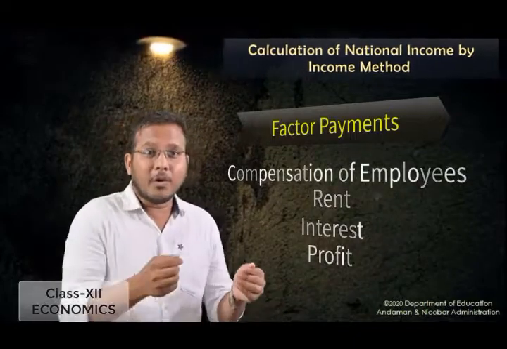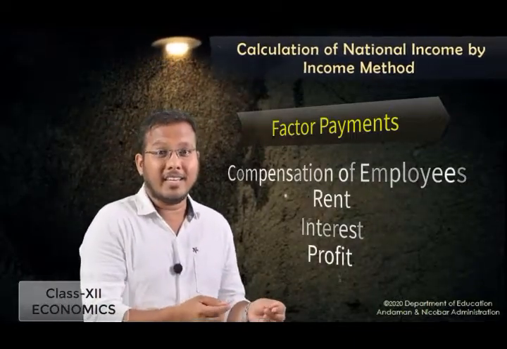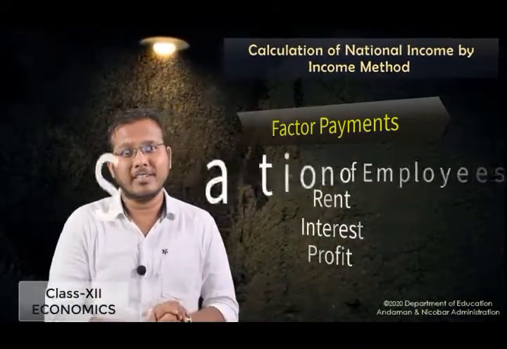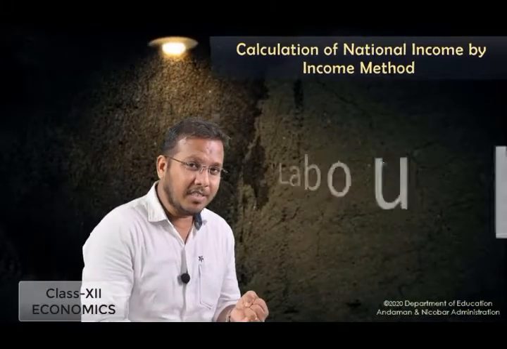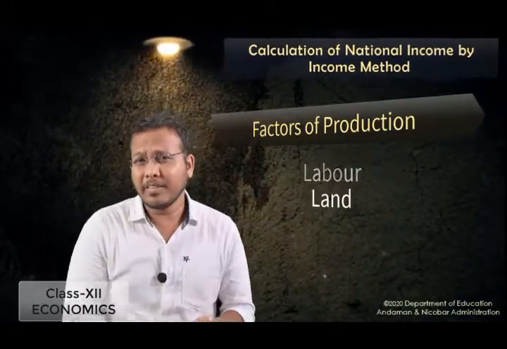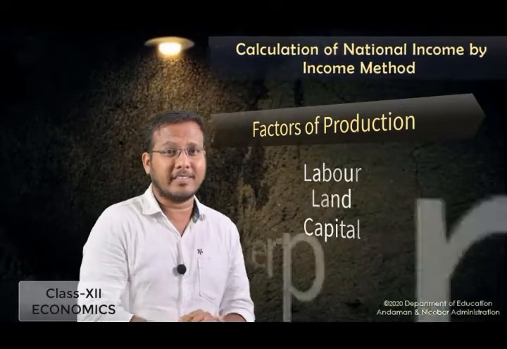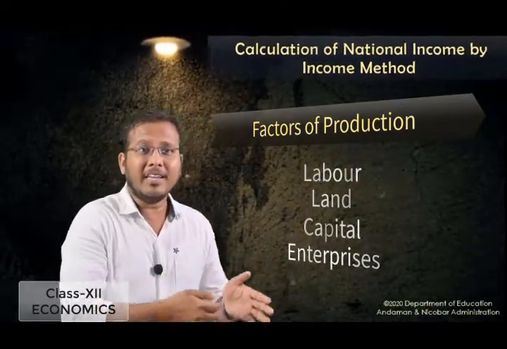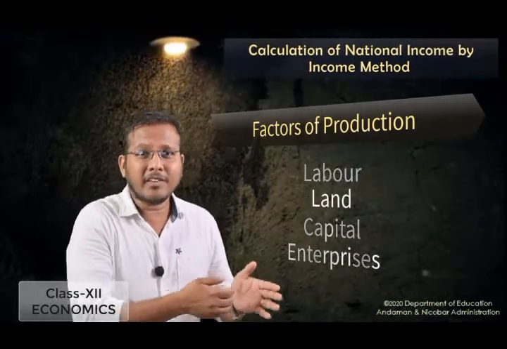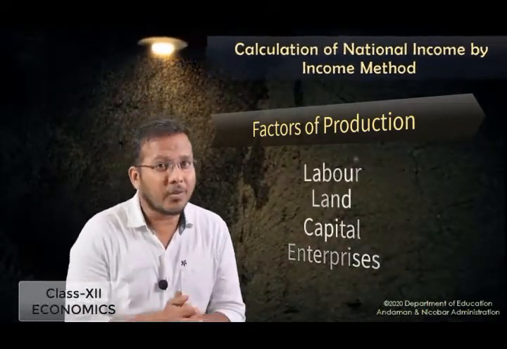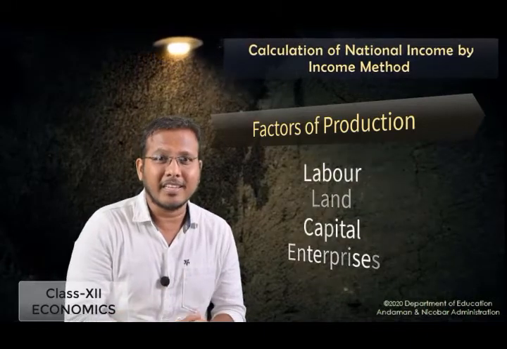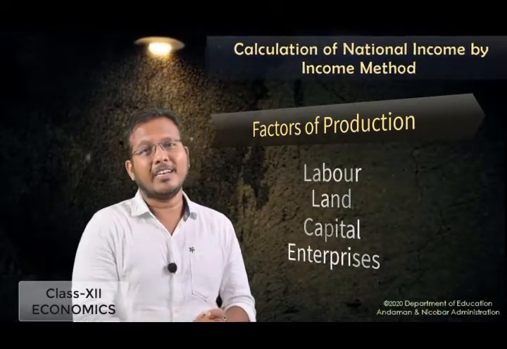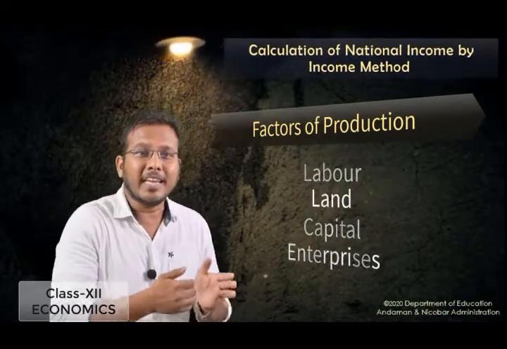We know that the owners of factors of production are the household sector. So they are the labor, the land, the capital and the enterprises. When these incomes are received by the factors of production during an accounting year, it is said to be the national income derived from the income method.